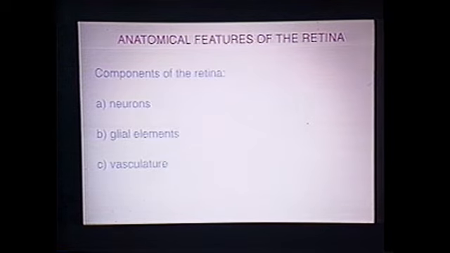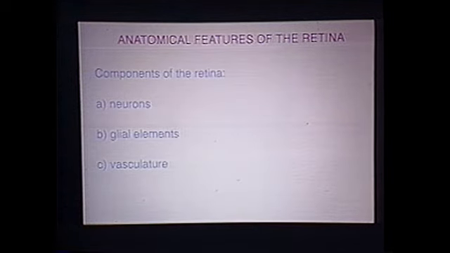The retina doesn't just contain neural elements, it also contains glial elements and vasculature, and all these three elements are important with respect to toxicology.